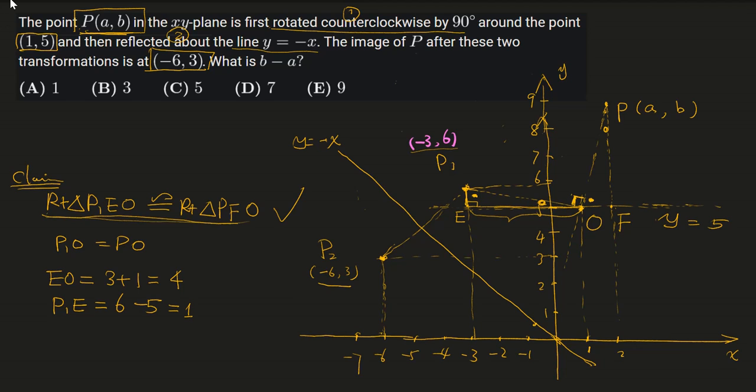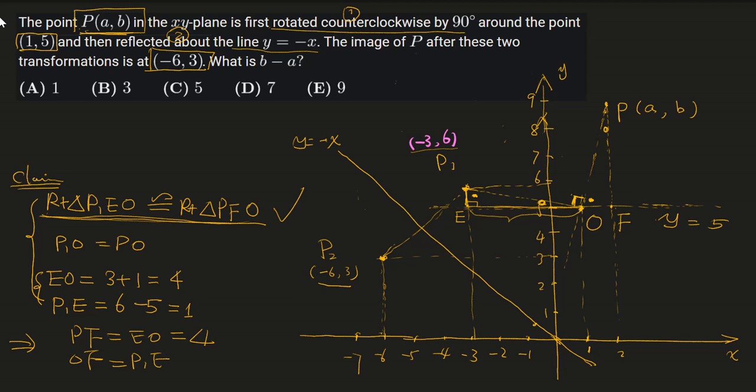And then from the pair of congruent triangles combined with this information, we get this. The length of PF equals EO and equals 4. And then OF equals P1E.